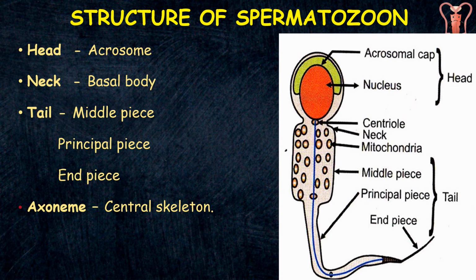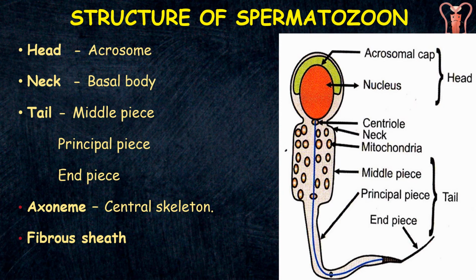And then the coarse fibrils are present in the middle piece and the principal piece, but they do not extend into the end piece of the tail. And then the fibrous sheath is present outside the coarse fibrils, and then the mitochondria.